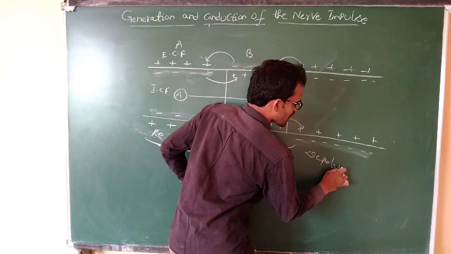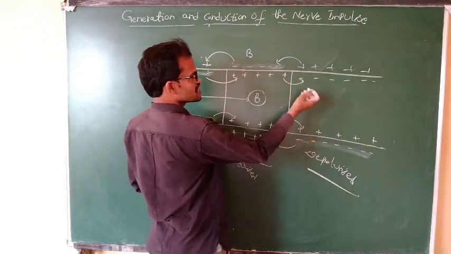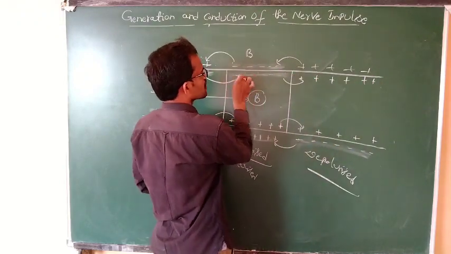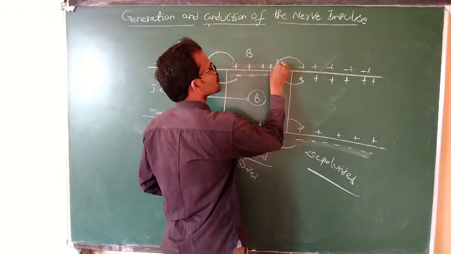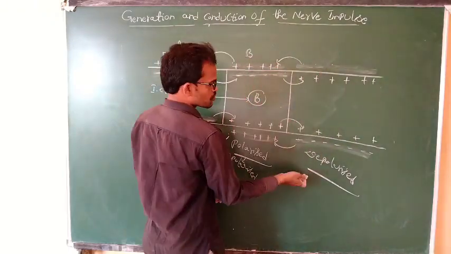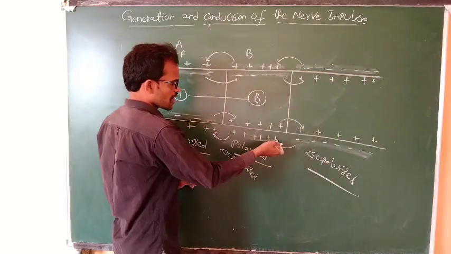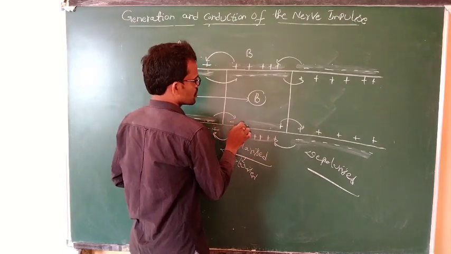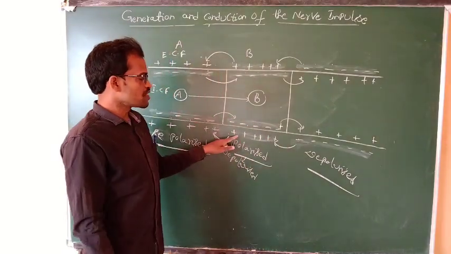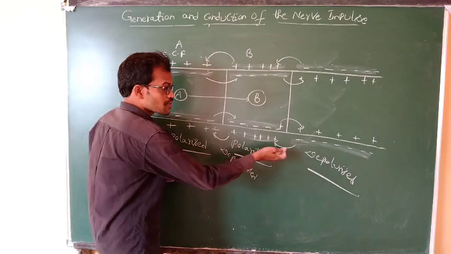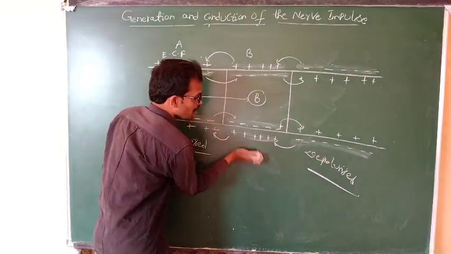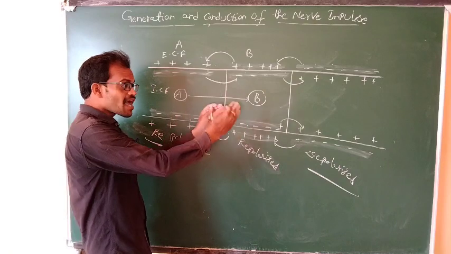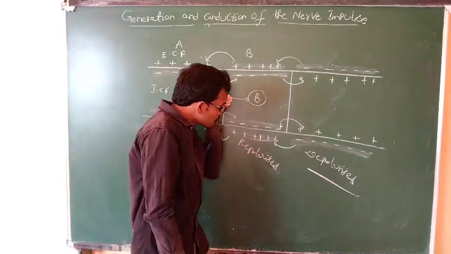Depolarization means the ions move and the polarity changes. Outside positive, inside negative, polarized again. This one is depolarized, and this one is repolarized, meaning the ions move from one place to the other.